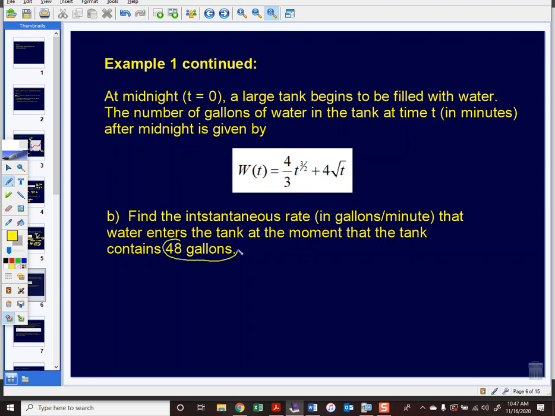So there's an extra little wrinkle to this one because, again, think of the graph, which is modeling gallons here and time here.